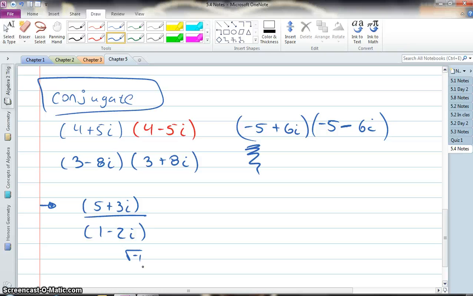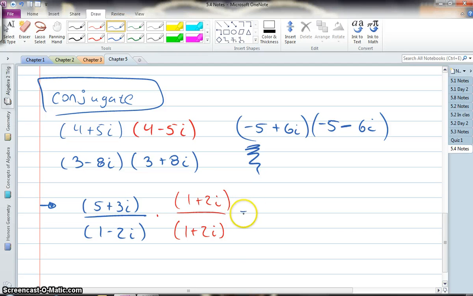We are not allowed to have a square root in the denominator. So how do we get rid of it? We need to multiply the entire fraction by the conjugate of the denominator. Kind of like rationalizing the denominator, but this time we're taking the conjugate. So I'm going to multiply by 1 plus 2i over 1 plus 2i. I can do that because if you divide those two, you get 1.